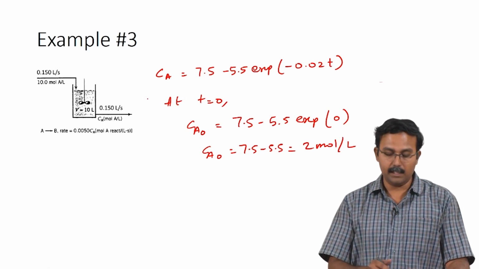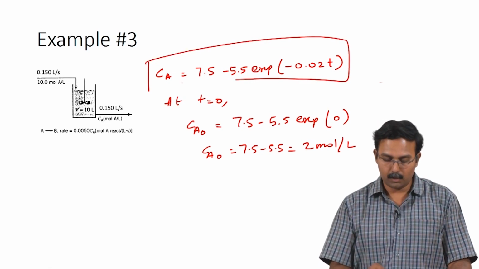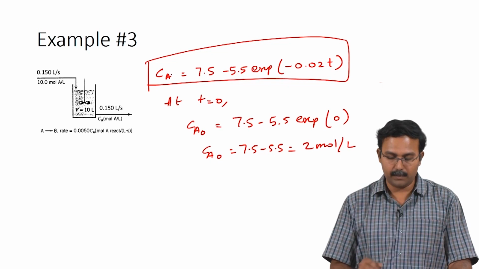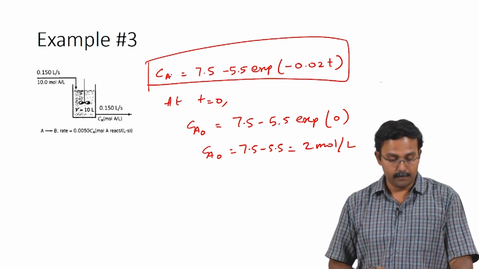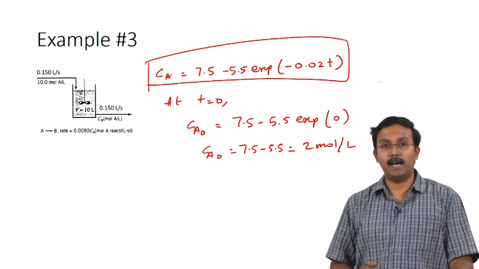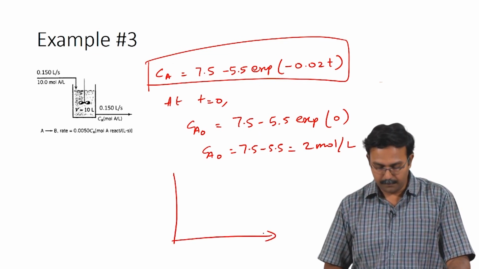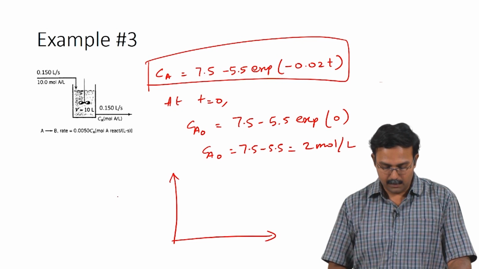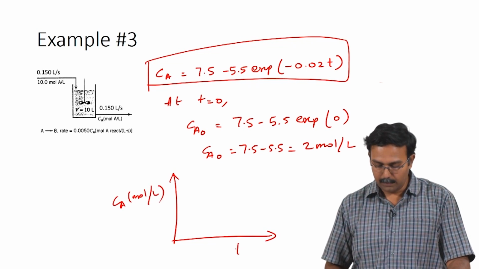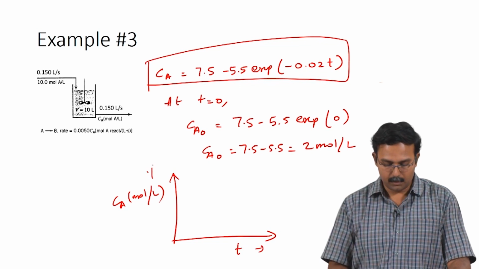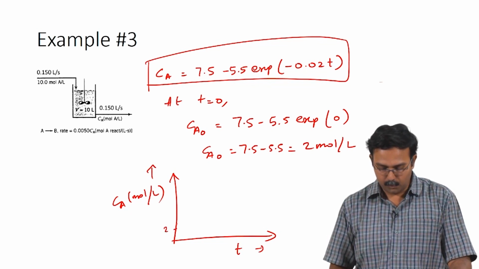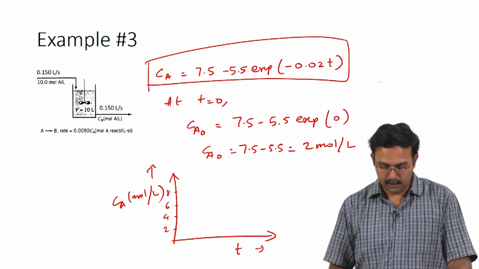That means the equation we have, the correlation for Ca as a function of time, is accurate. The last part of this problem is to plot the curve. This would be Ca in moles per liter, and this would be time as time goes here. Let us mark the points 2, 4, 6 and 8.